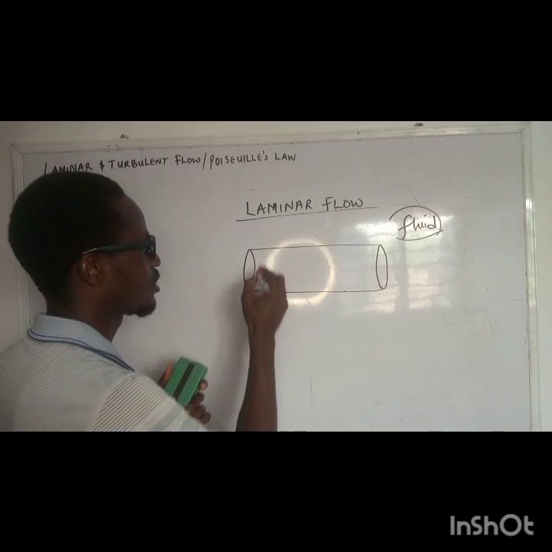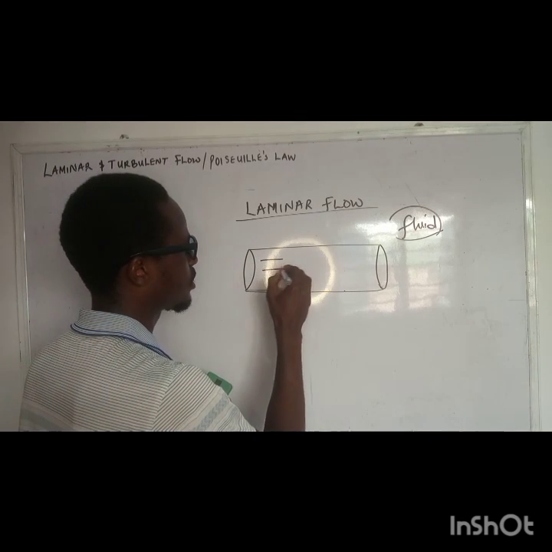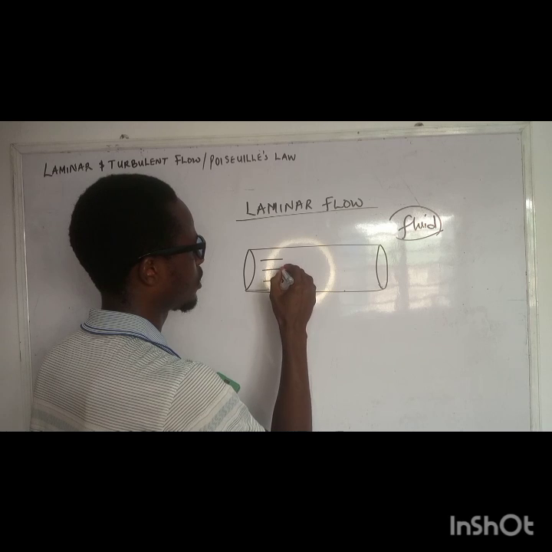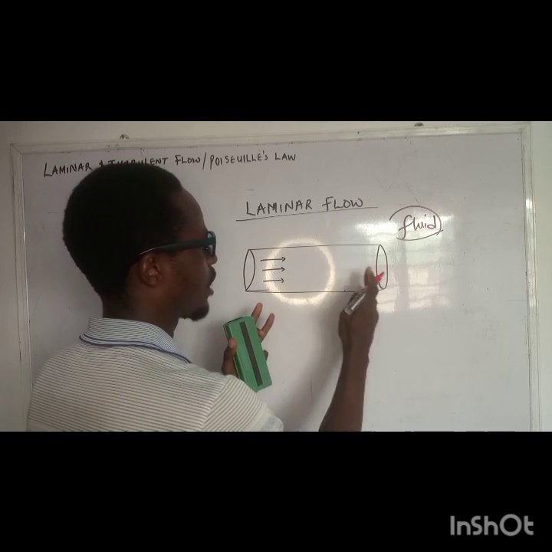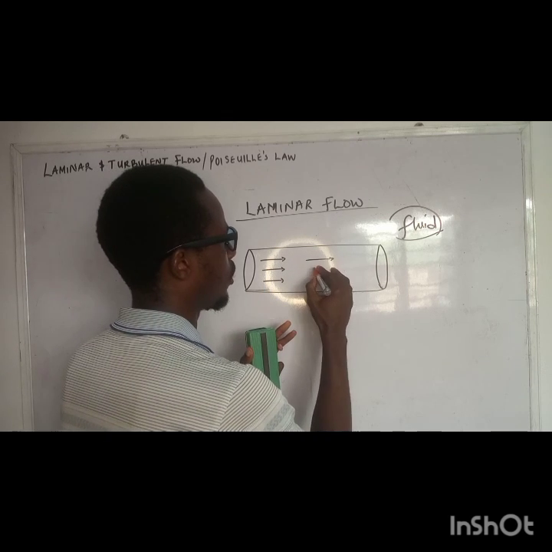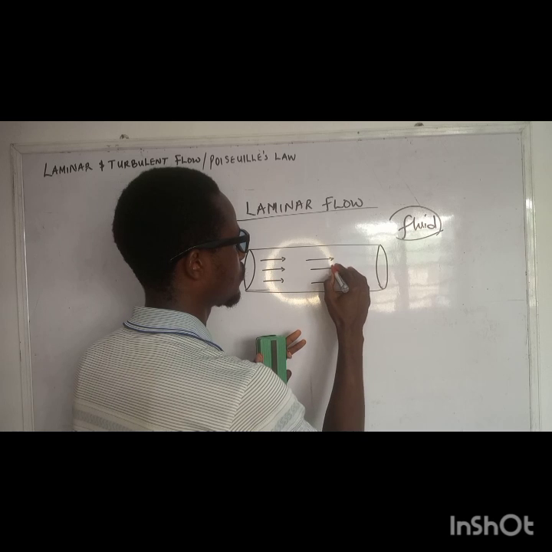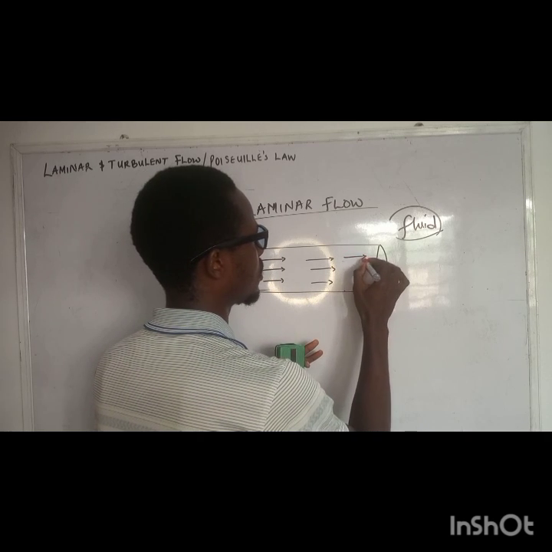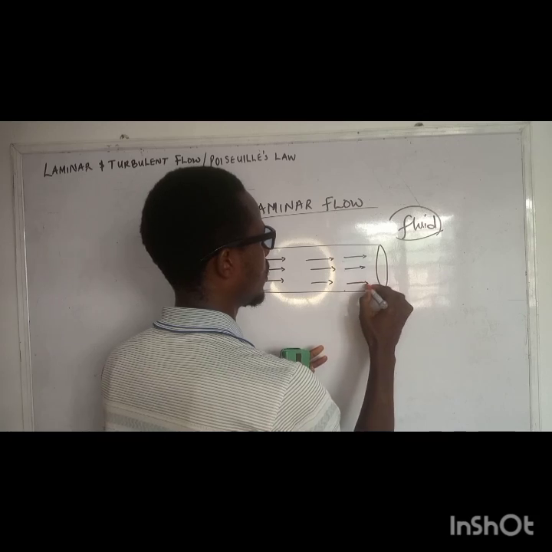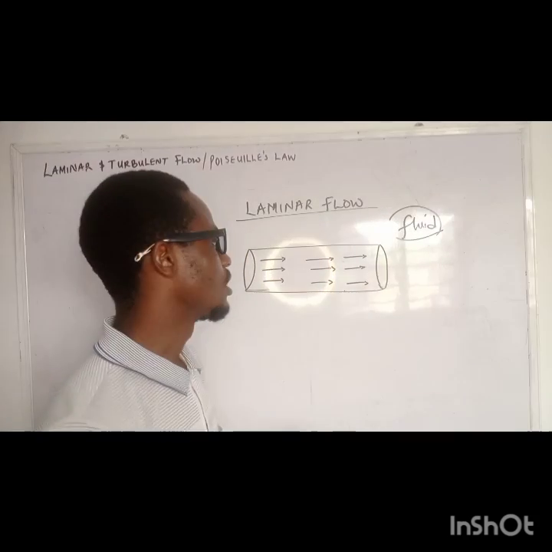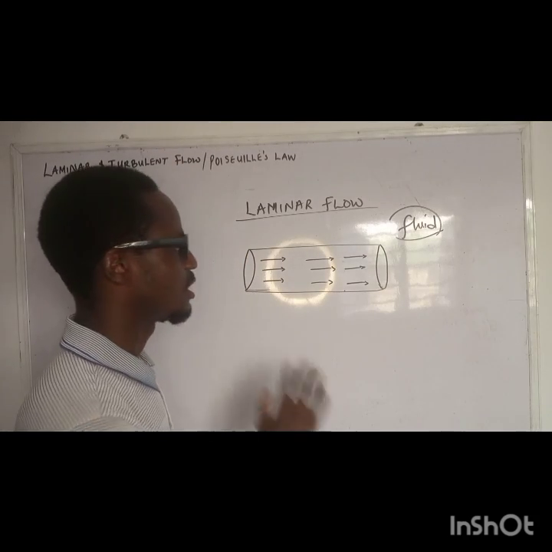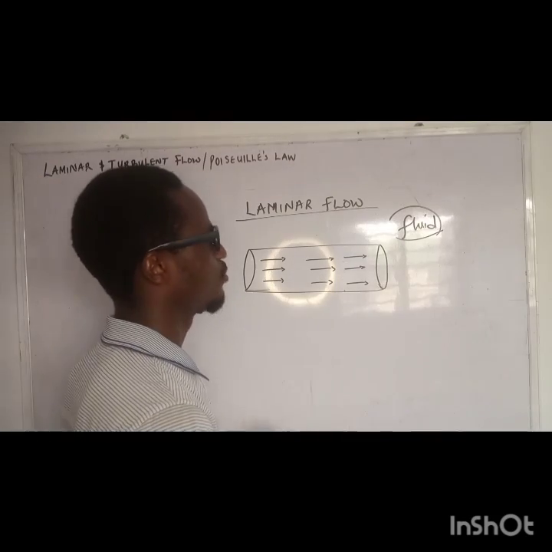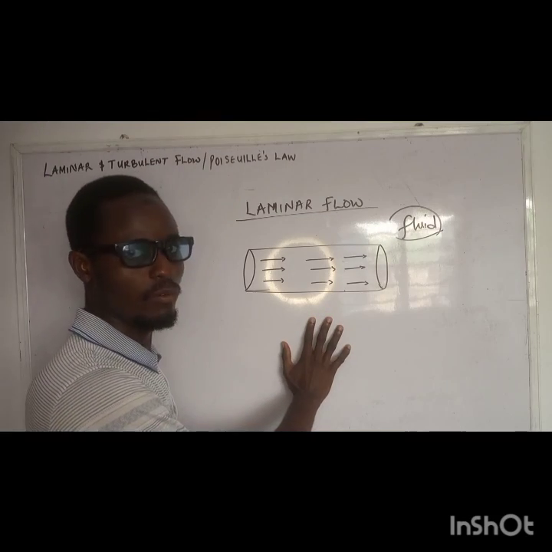So let's take for instance the fluid flowing like this. This layer goes, then the upper layer goes too. So they go with slow speed and steadily. So the direction of laminar flow is uniform and the speed is slow. So this is one property of laminar flow.